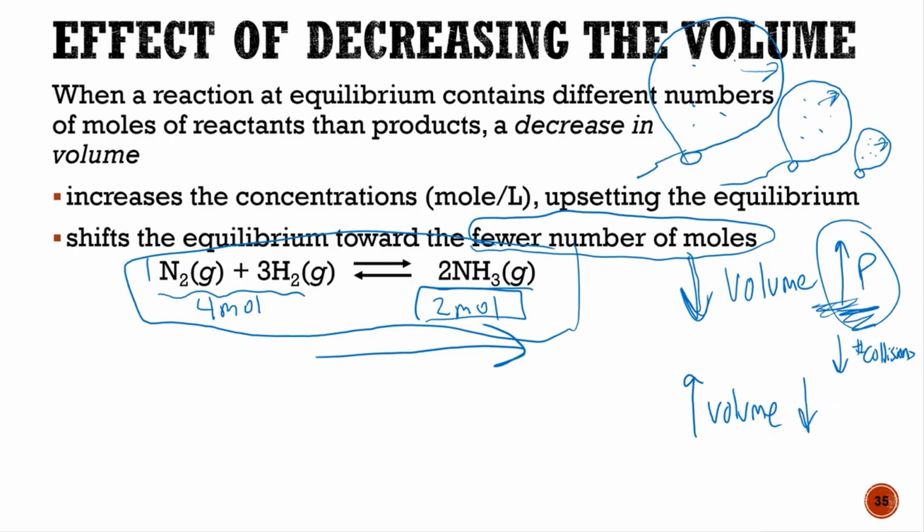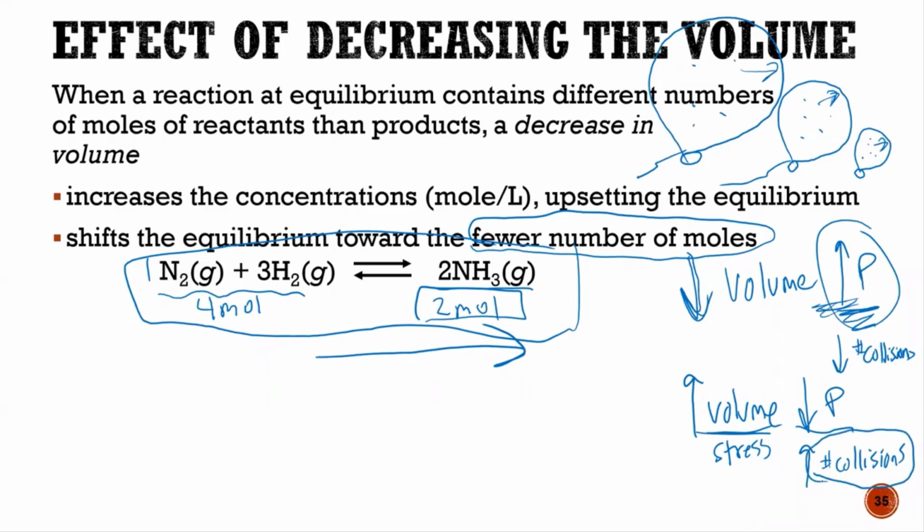Well, I don't want pressure to go down. So how am I going to compensate for a decrease in pressure? I have to increase the number of collisions to increase that pressure, to reestablish that equilibrium, because increasing the volume was the stress. It caused a decrease in pressure. I have to alleviate that decrease in pressure by increasing collisions.